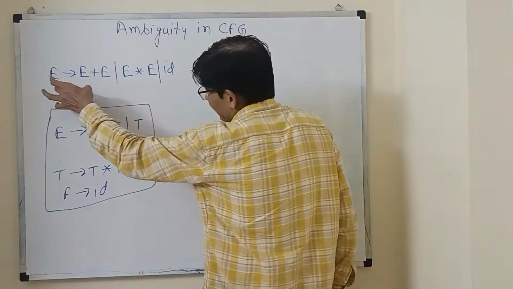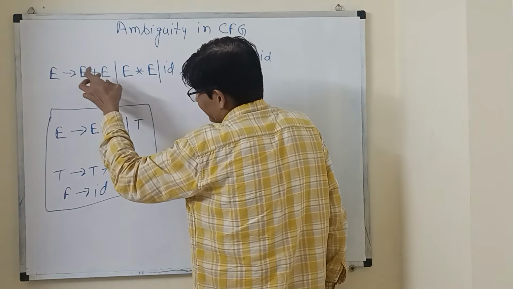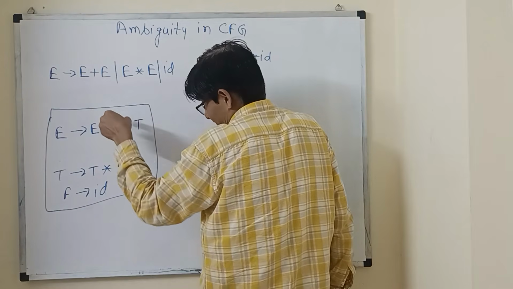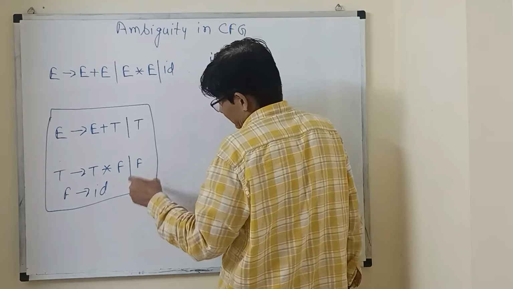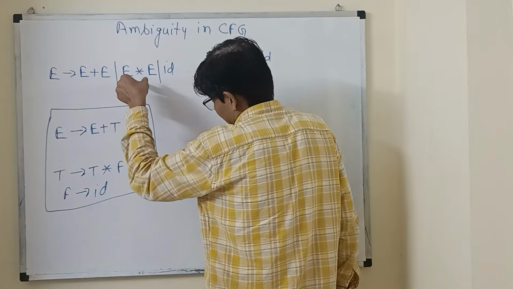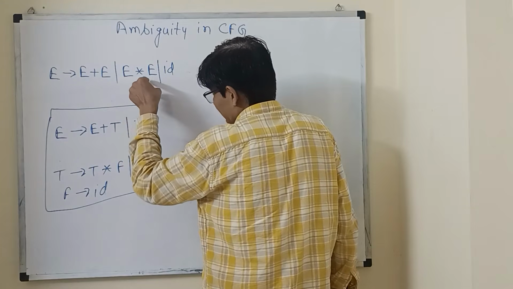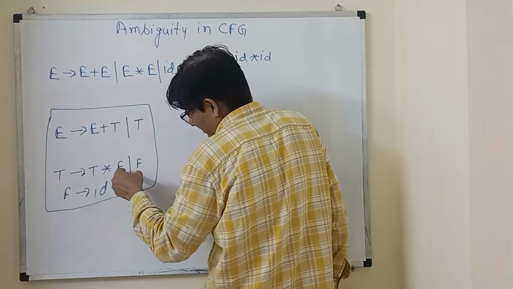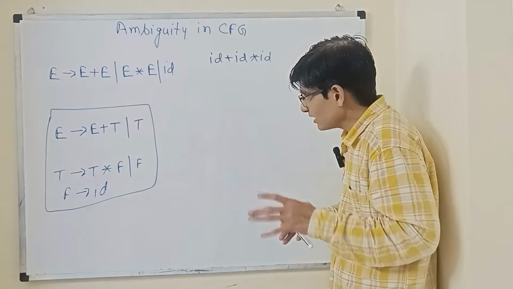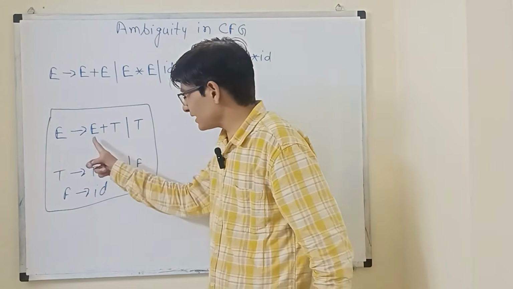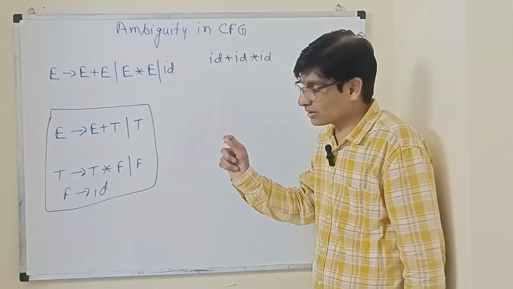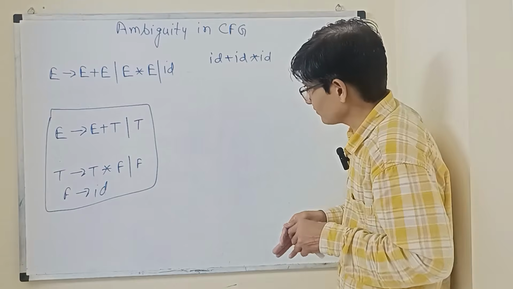Like here, while I converted E gives E plus E into unambiguous form, I replaced this occurrence of E with T. And similarly, when we had one more production, T gives T cross T, I replaced this particular occurrence of T with another variable F. Now, how do we decide which particular occurrence of the left-hand side variable we should replace with another variable?